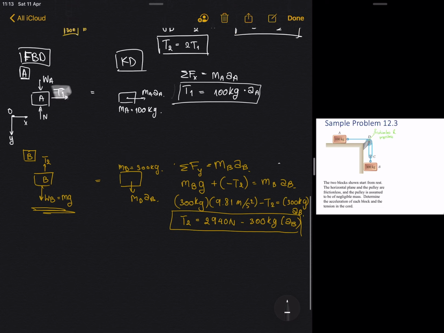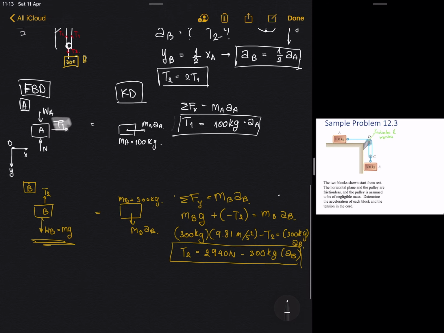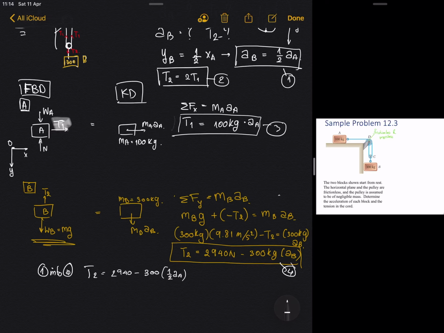First, we put equation 1 into equation 4. Then we have T2 equal to 2940 minus 300 AB, with AB equal to 1 over 2 AA, right?